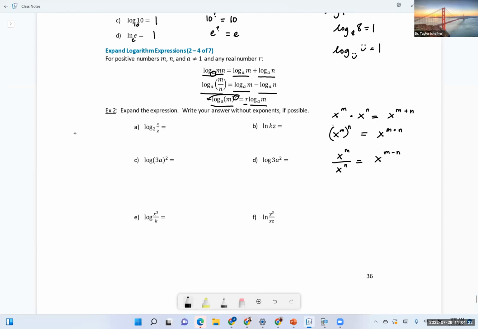Okay, so let's just do some examples, A through F. Example A, we have a base, then we have two arguments that are divided. Separating these, we call this expanded form, okay? So we have log base 2 of x minus log base 2 of z.